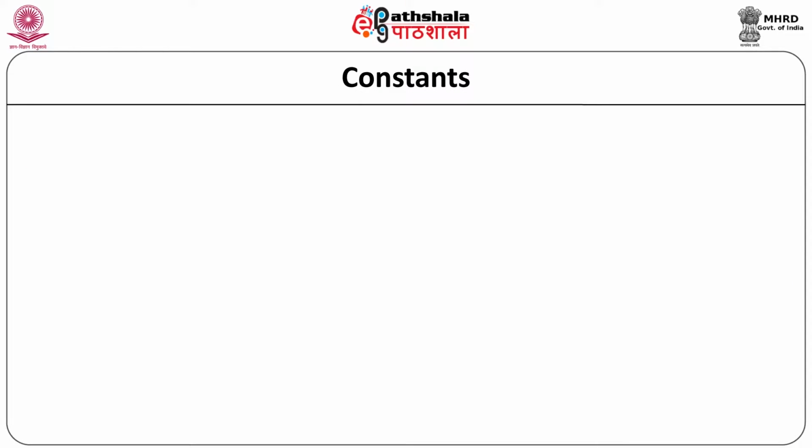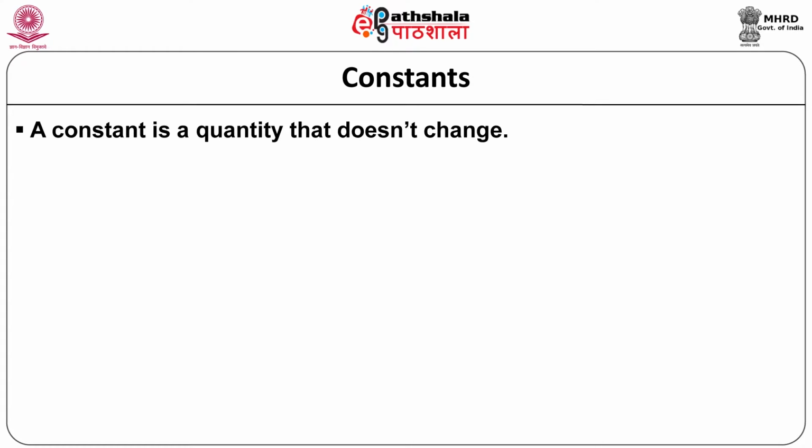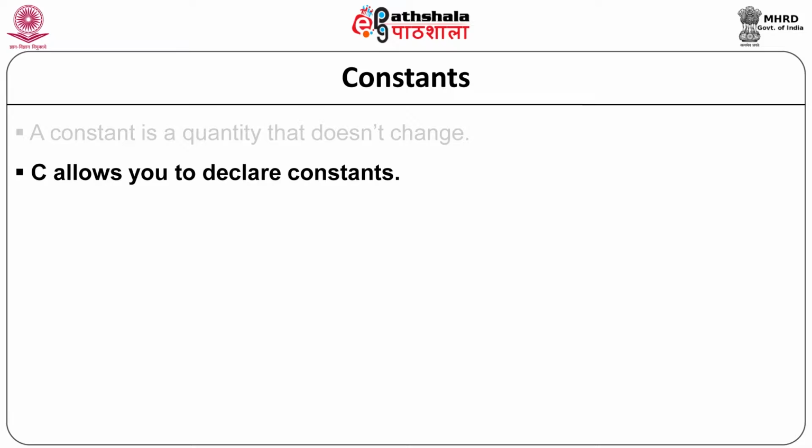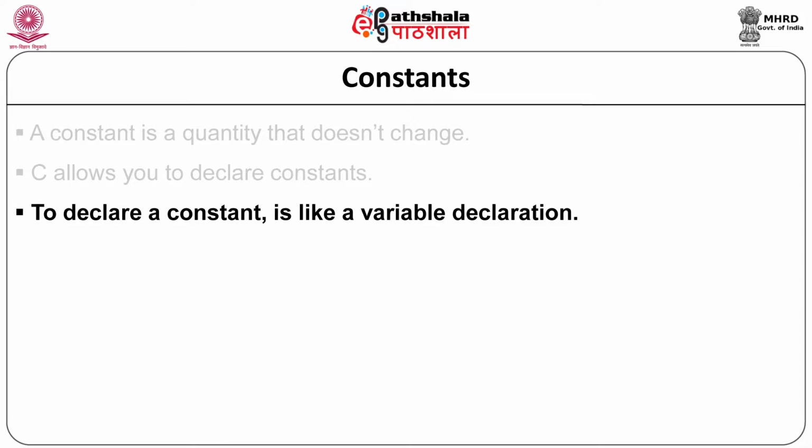Then constants. So, what is a constant? A constant is a quantity that doesn't change. C allows you to declare various constants in the program, for example k equal to 0 or k equal to 100. Declaring a constant is like a variable declaration.